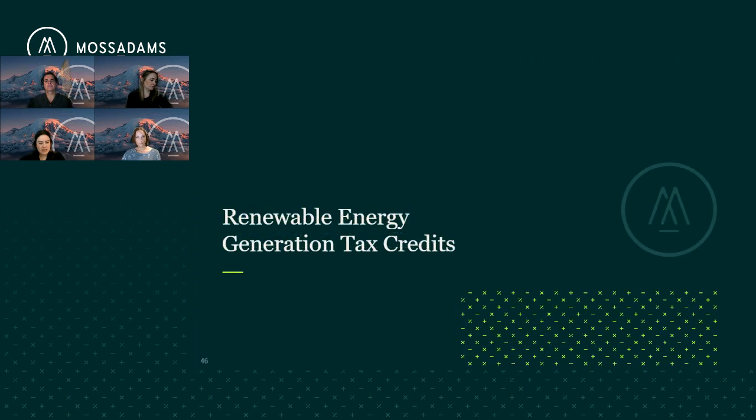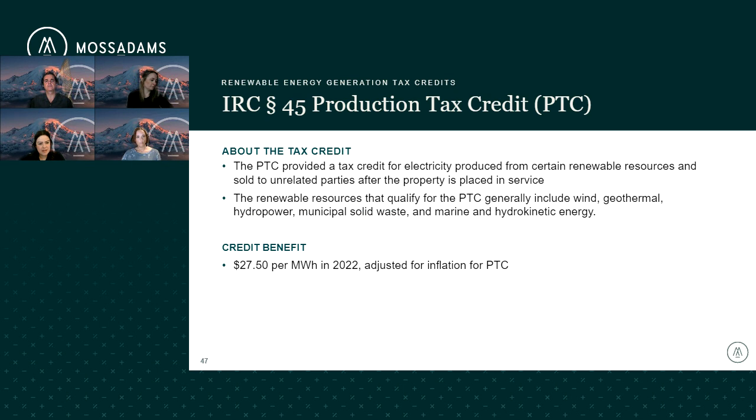The first group of credits is the renewable energy generation tax credits. We're going to start with Section 45, which is a production tax credit. This is for electricity that's produced from certain renewable resources and sold to unrelated parties.